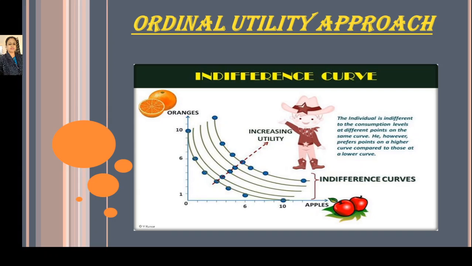So this figure shows you an indifference curve between two commodities: on the y-axis the consumer consumes oranges and on the x-axis the consumer consumes apples. The consumer has different choices, and according to their choices they can prefer a few units of orange and a few units of apple. It depends upon the choice of the consumer.